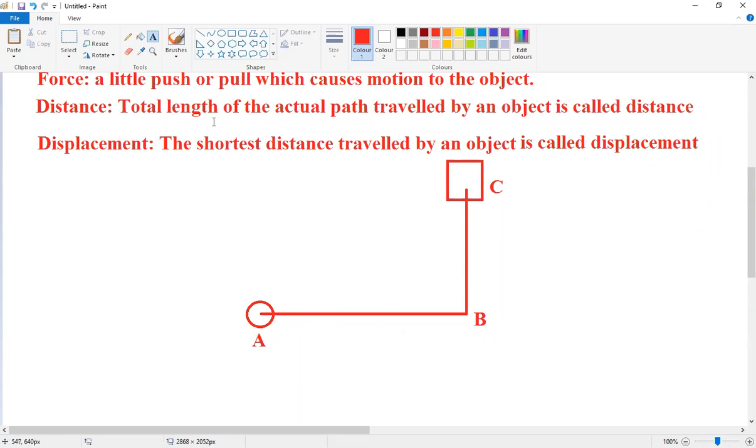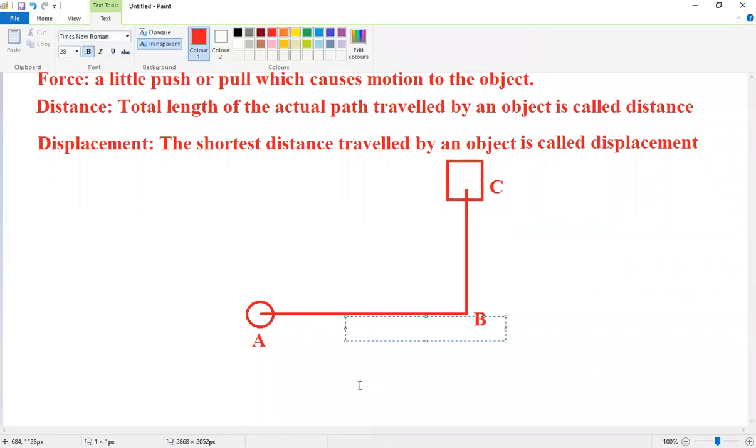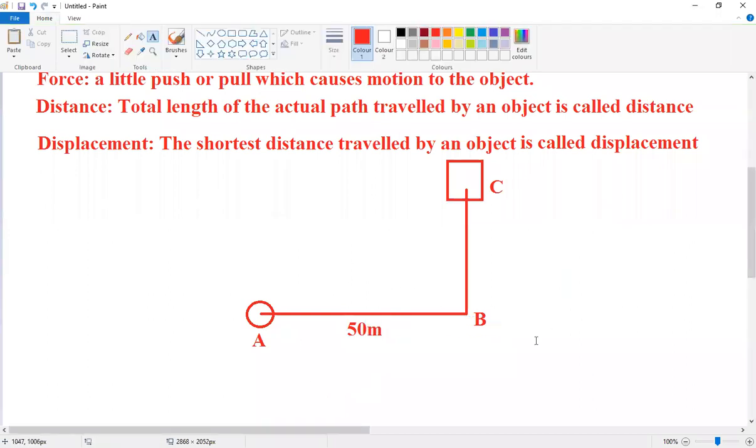That means the total distance, total length. This is what we call distance, as we have written: total length of the actual path traveled by an object is called distance. Suppose from point A to point B, the length of the path is around 50 meters.